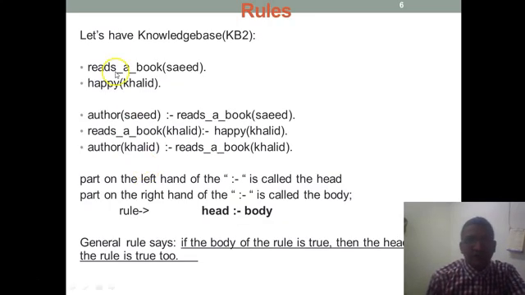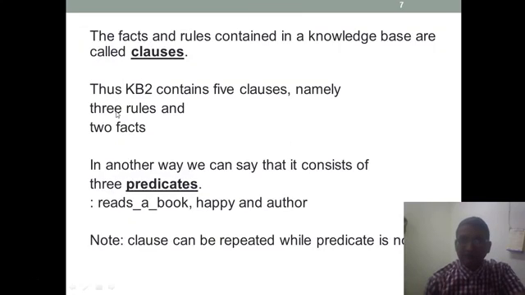In this knowledge base, we have 5 clauses, out of which 2 are facts and 3 are rules. But if we count the unique information, we have 3 unique predicates: read a book, happy, and author. So we can also say that this knowledge base contains 3 predicates.